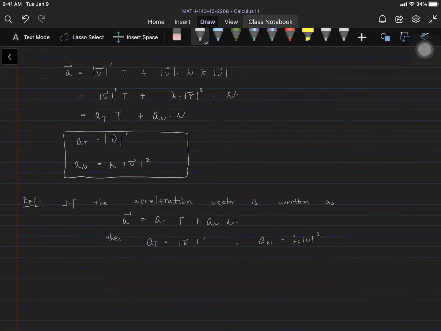And they are the tangential and normal scalar components of the acceleration. Tangential and normal. This means the acceleration in those two directions, the components of acceleration.